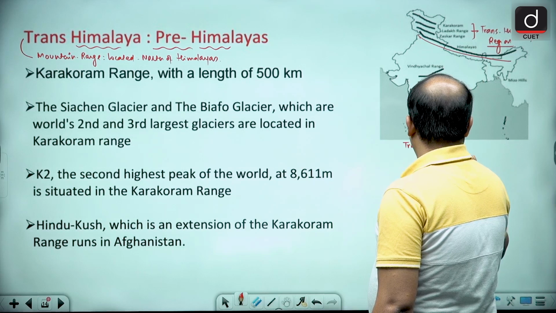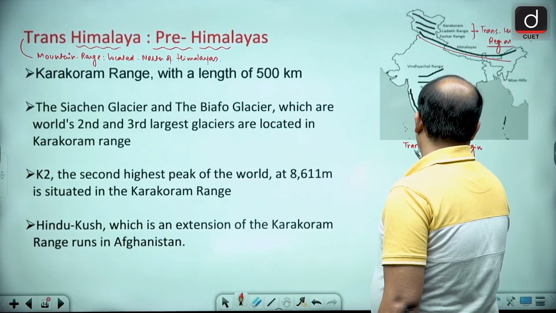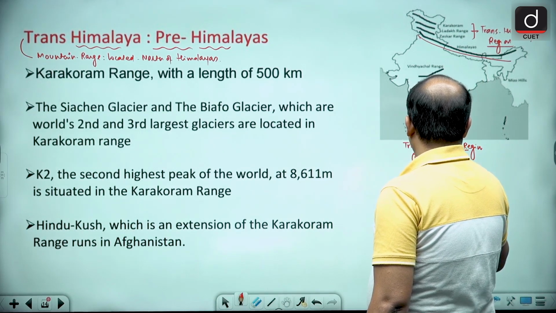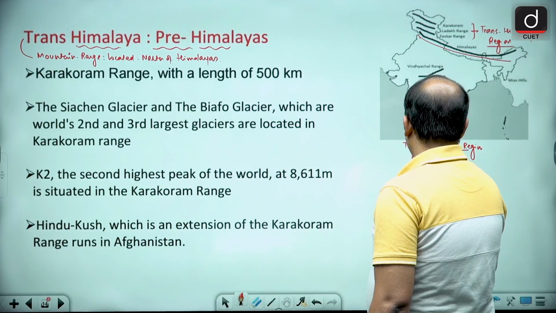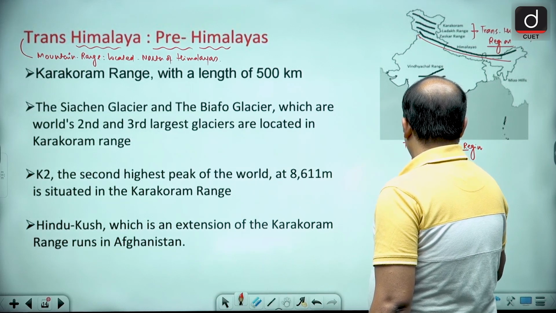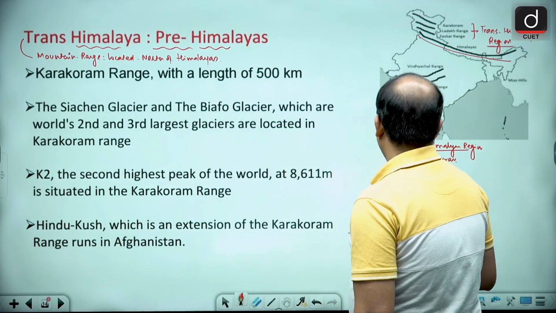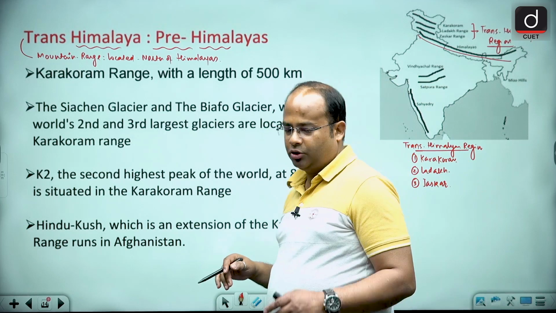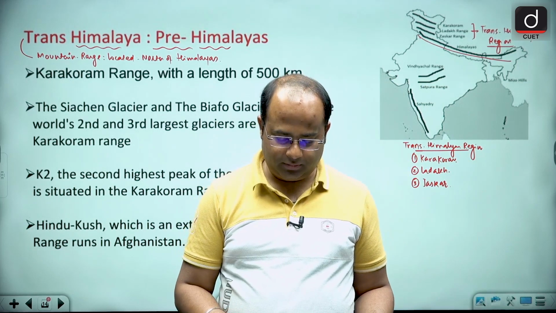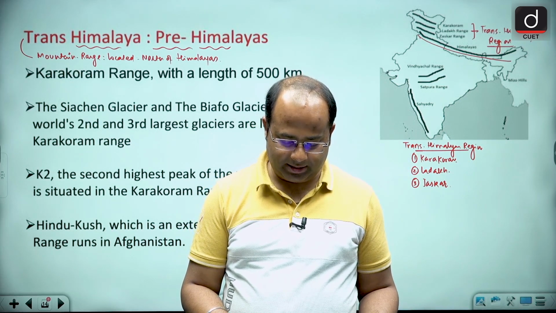First, this is Karakoram. Second we have Ladakh and Zanskar. So these are the three Trans-Himalayan regions which are located north of the Himalaya. Is that clear guys?